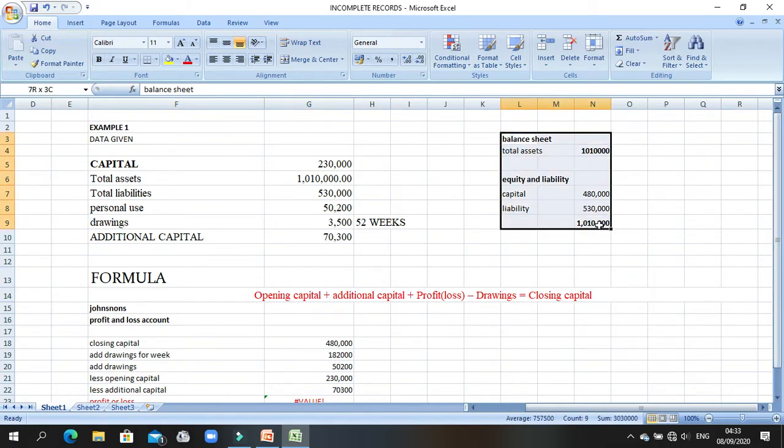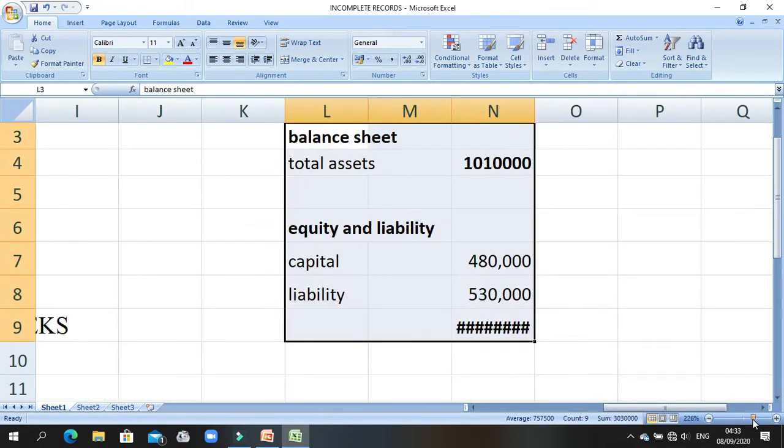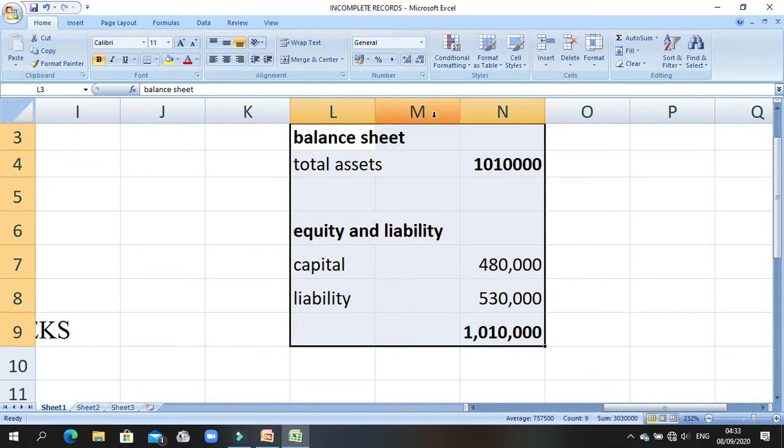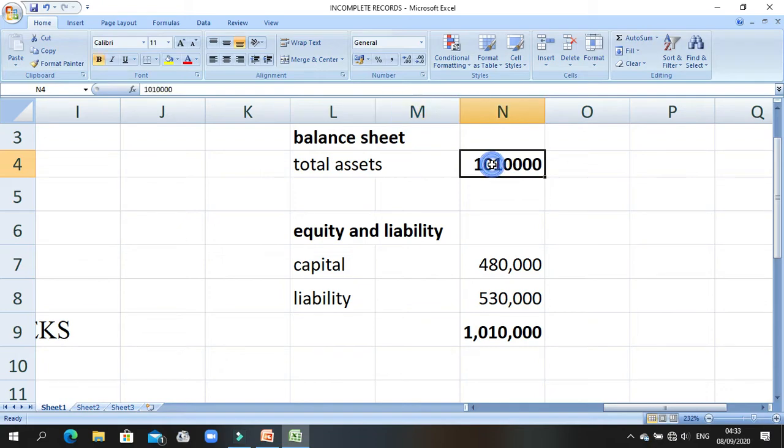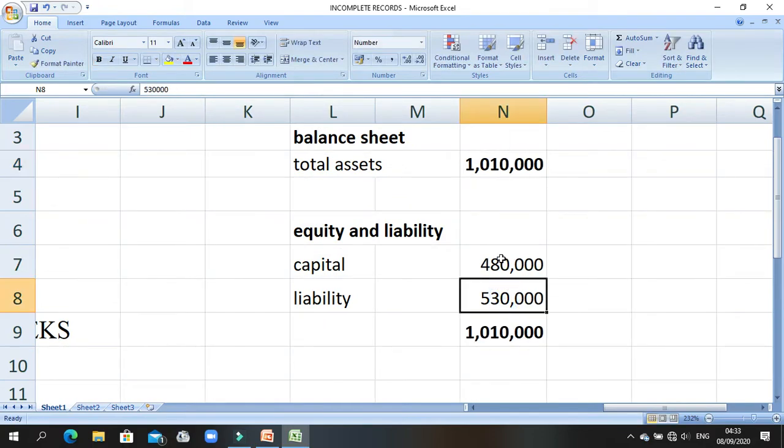This is a balance sheet. We are going to prepare it to see how it looks. In our question, they give us assets equal to 1,010,000, and also they give us liabilities of 530.